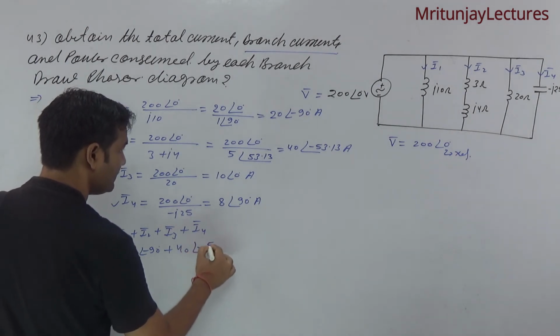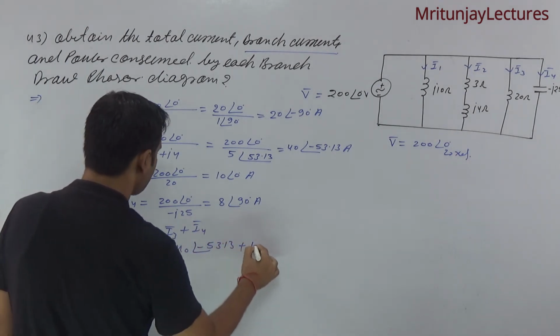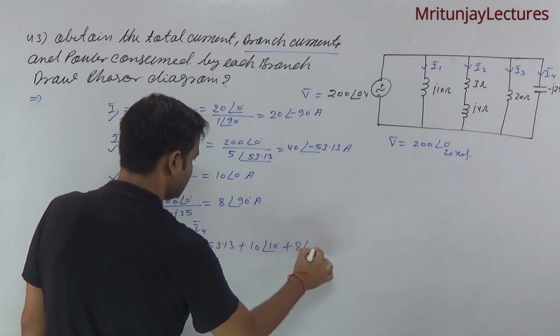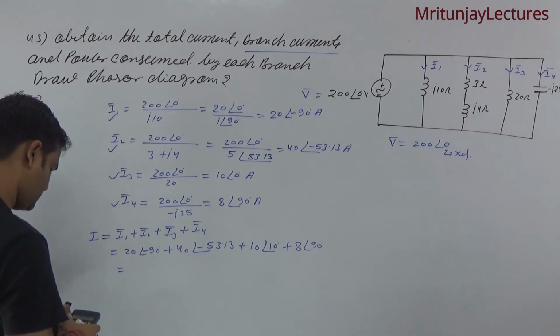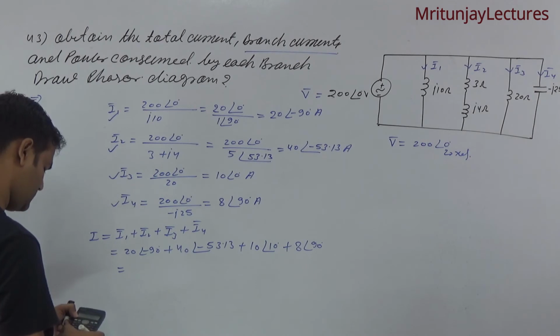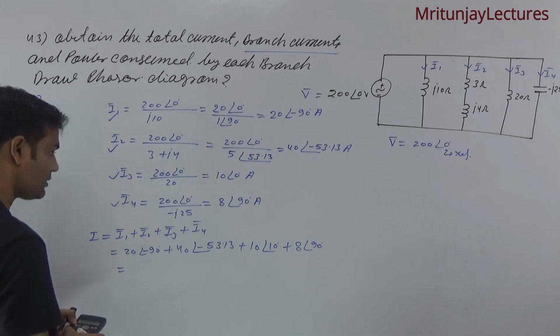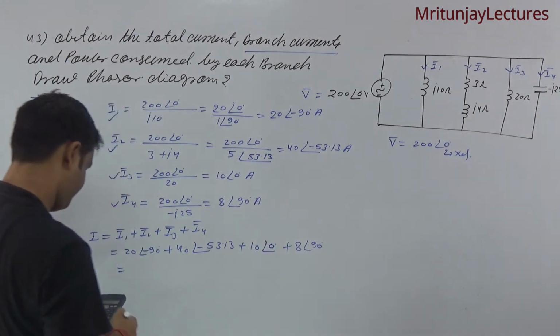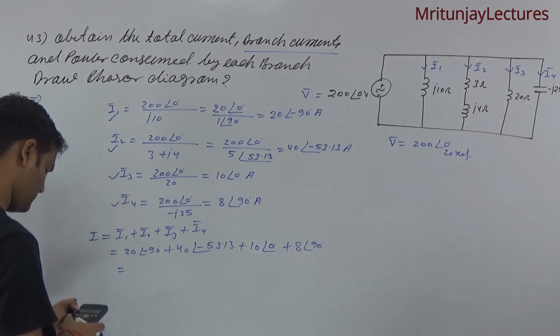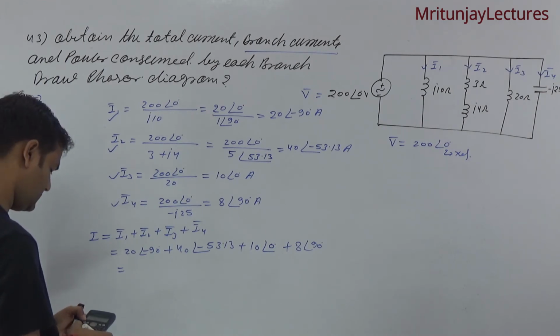So finally we got 20 at the angle minus 90 plus 40 at the angle minus 53.13 plus 10 at the angle 0 plus 8 at the angle plus 90.